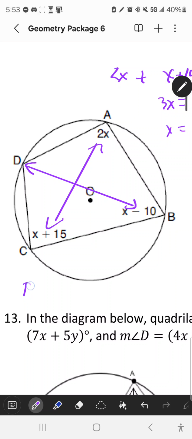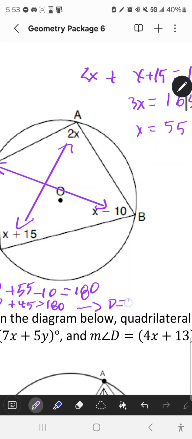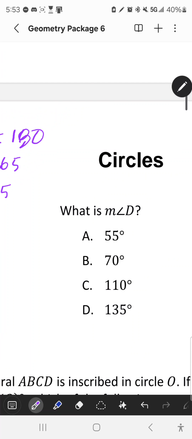So I can say that D plus x minus 10 equals 180. x is equal to 55, so it will be 55 minus 10, so D plus 45 equals 180. Subtract 45 from both sides and we get that D equals 135. And this is our answer.